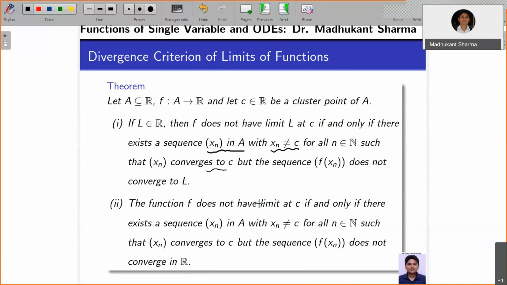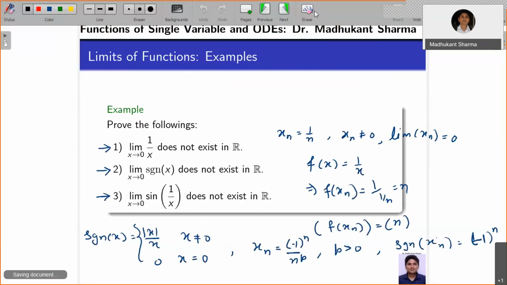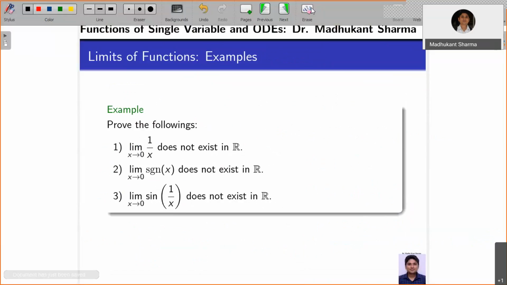Okay, right. So the very first example is: the limit as x tends to 0 of 1 by x does not exist in R. Either you try to establish the negation of the above definition, or you try to identify a sequence in the neighborhood of 0, because x tends to C means C is 0, so we are looking in the neighborhood of 0.